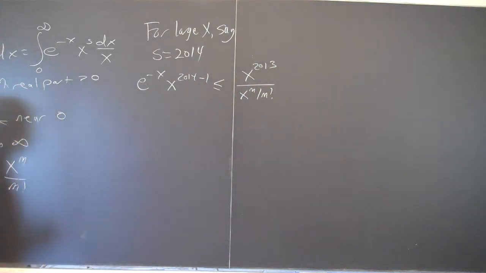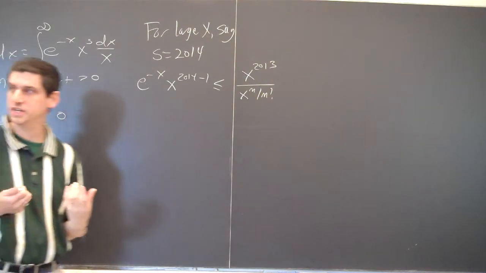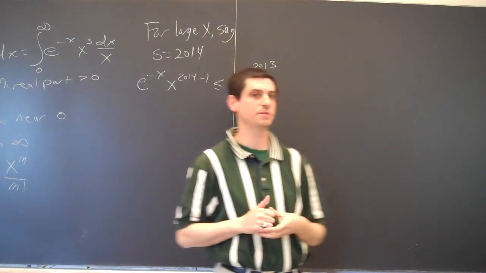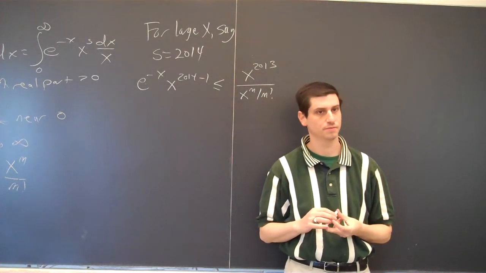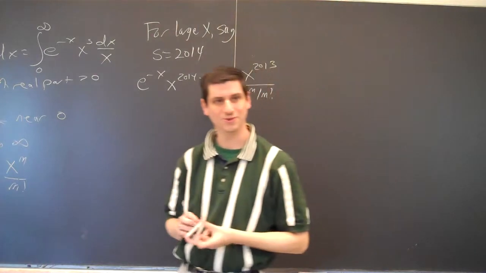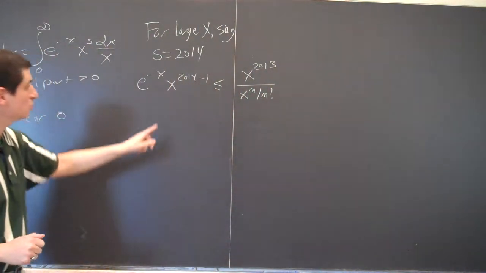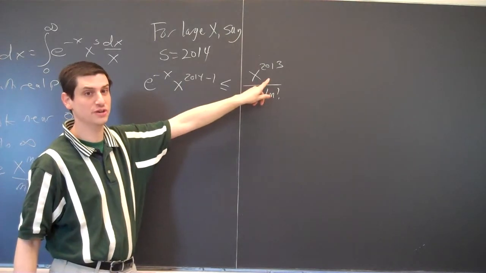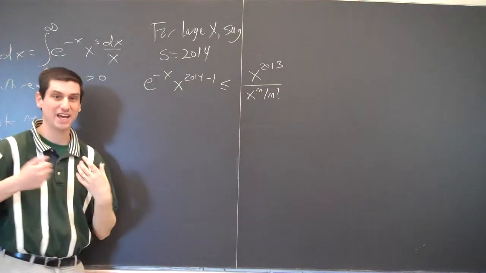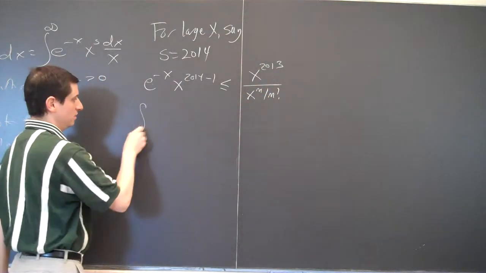So what would be a good choice of m to take? What should I take m to be so that I know I will have something that integrates and converges? If I take m equals 1, I'd get x to the 2012. And so I'd be integrating x to the 2012.